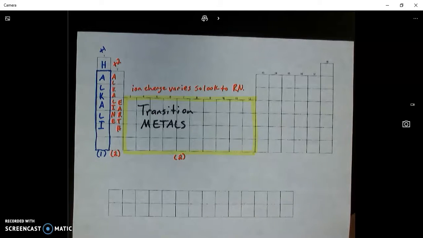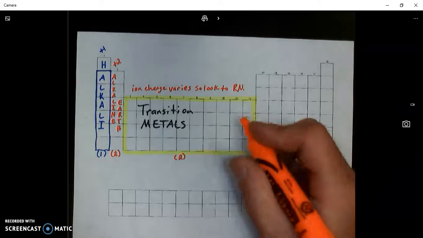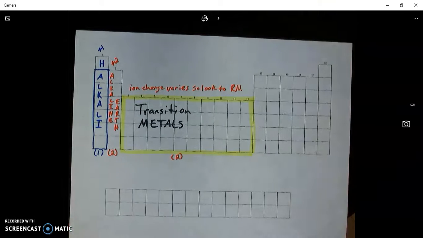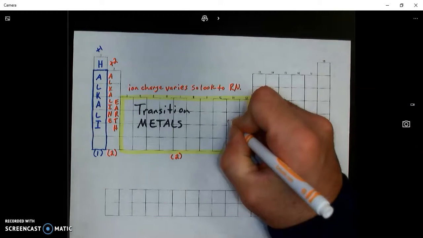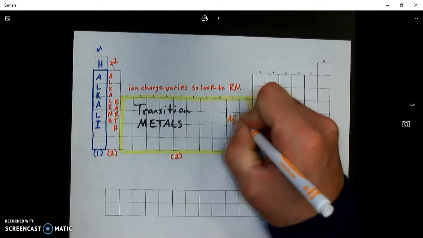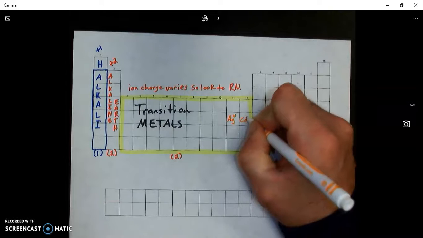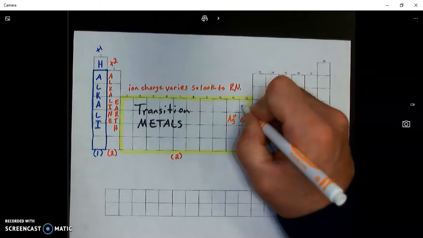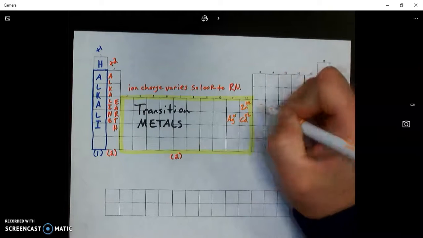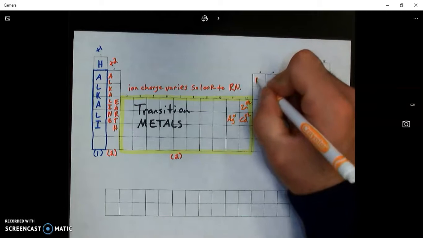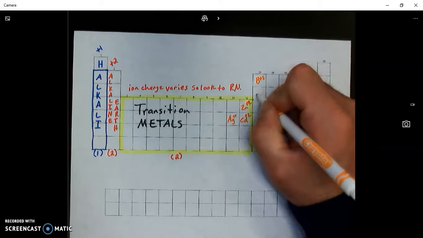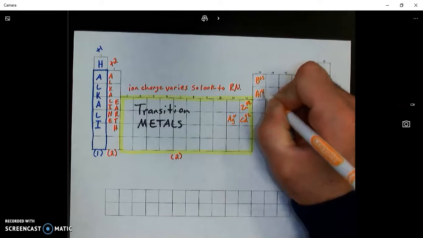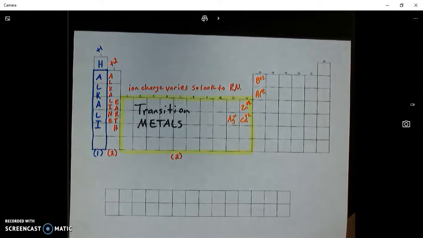Remember, we needed Roman numerals for those elements, with the exceptions of silver, which is always a +1, cadmium, which is a +2, zinc, which is a +2, and then boron is always a +3, and aluminum is always a +3.